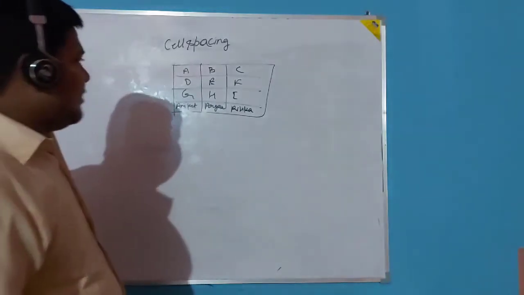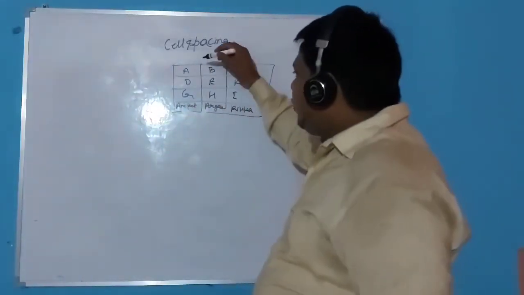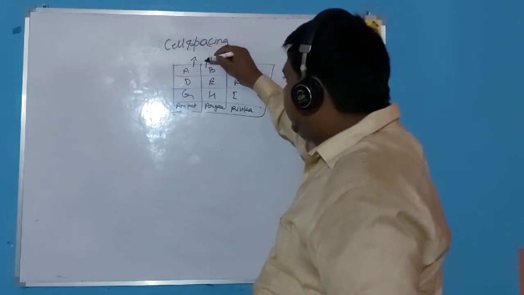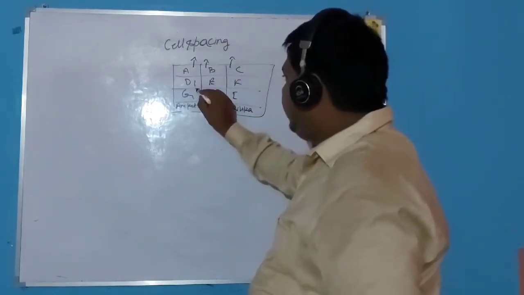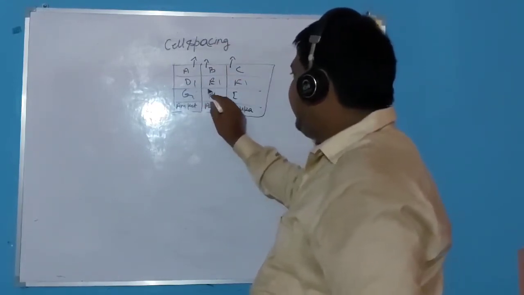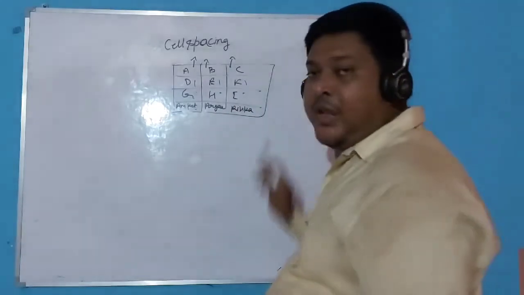So my dear students, look here. This is called a cell. Cell 1, cell 2, cell 3, cell 4, cell 5, cell 6, like that up to 12. If you want, some space will come between all these cells.